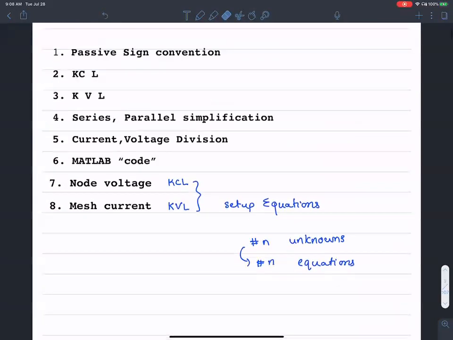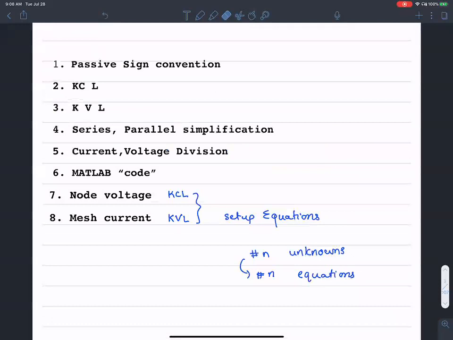I gave you 8 techniques, starting with the passive sign convention, KCL, KVL, series and parallel simplification, current division, and voltage division. We saw how to use MATLAB to solve simultaneous equations for us. We saw the node voltage and mesh current method.